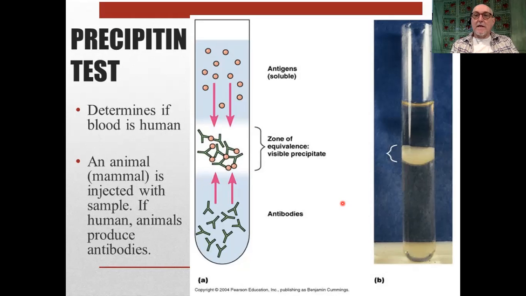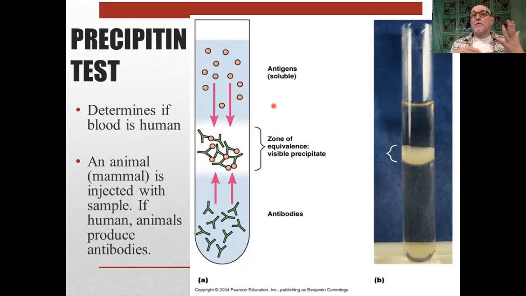This would be particularly valid if you had a fairly large sample that you could test. They will take a sample and make a solution. It'll work even with dried blood, and with wet blood as well.